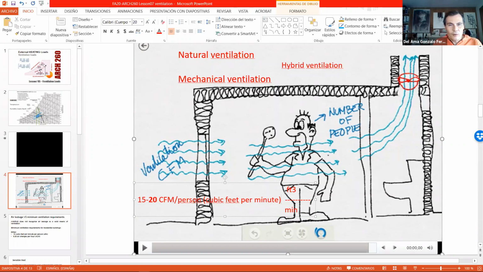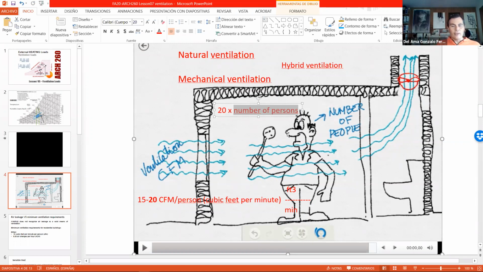So if we want to start calculating the ventilation load, the first thing is 20 times the number of persons, the number of people in that room. This is the first value that we are going to need.